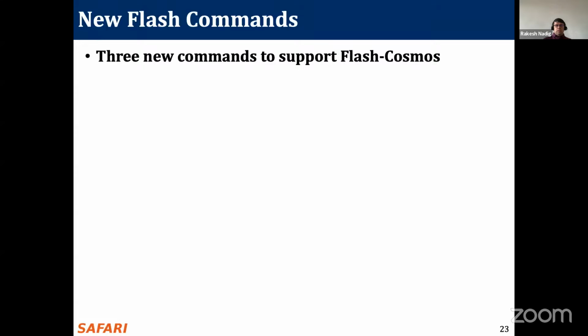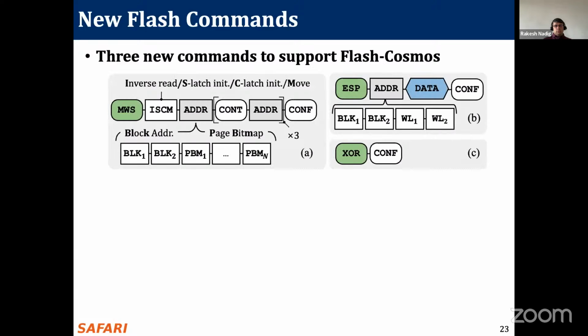We introduced 3 new NAND commands to support Flash Cosmos. One is called MWS, which is to enable multi-wordline sensing. Then we also have ESP, which is to perform enhanced SLC mode programming. And we introduce another command to perform the XOR operation.